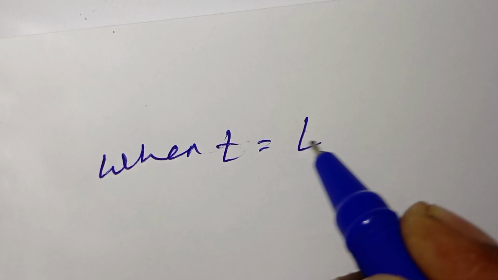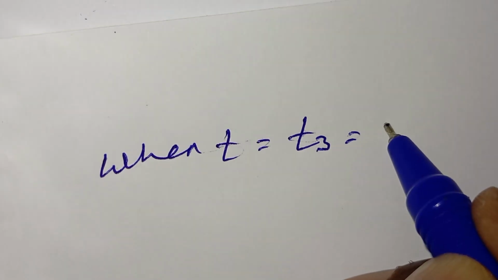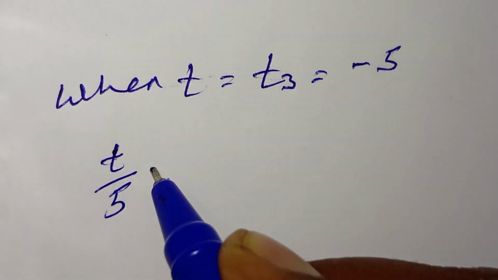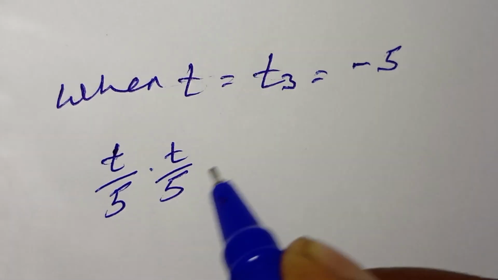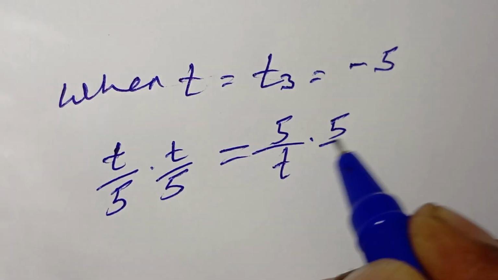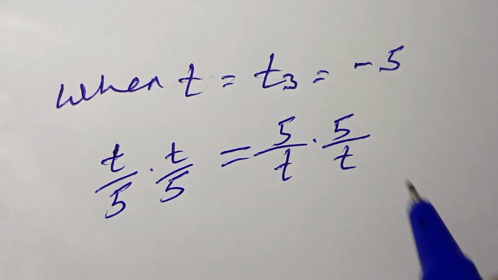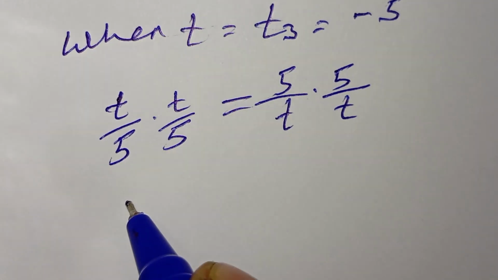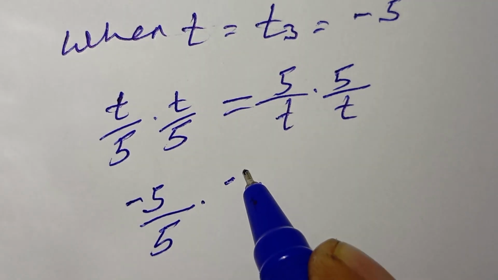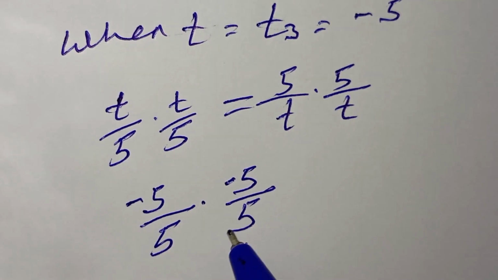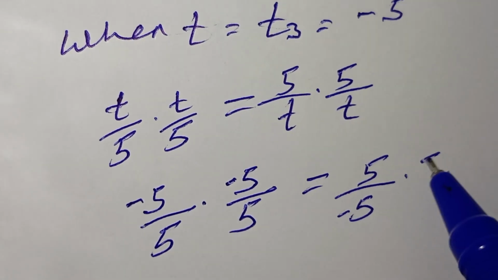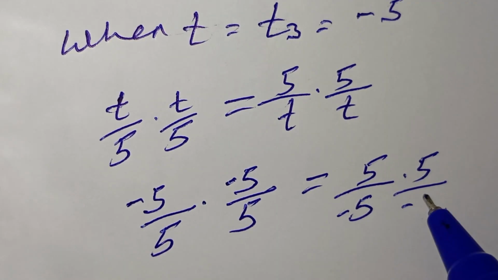When t is equal to t3 is equal to minus 5, t over 5 times t over 5 is equal to 5 over t times 5 over t, and the t value is minus 5. Minus 5 over 5 times minus 5 over 5 is equal to 5 over minus 5 times 5 over minus 5.